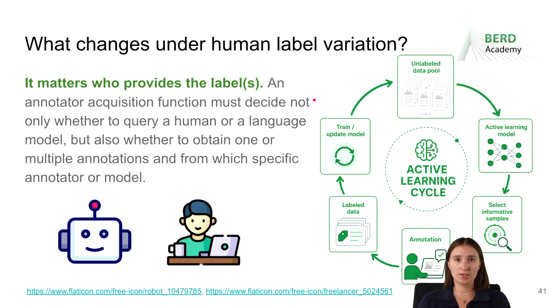Also, again, the question is, do we only want one single label for the instance? Is that enough, or do we already require multiple labels? And here it's also important to mention that obviously the cost associated with labels from LLMs and labels from humans are very different. And this is something that also needs to be considered as well.